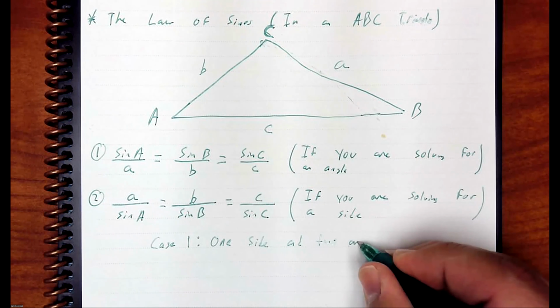Okay. We're not going to do case three and case four today, but I'm going to write them down anyway for next time. Case three, you have two sides and an angle not opposite to either of those sides.